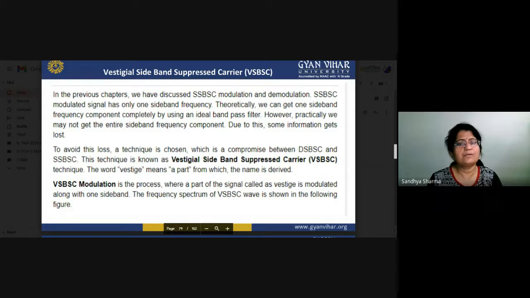But there may be some information loss, because practically we will not get the complete ideal sideband, so some part of the information will be lost, because noise generally affects the lower part of huge signals. So the lower part may be damaged due to noise. To avoid this loss, we choose a technique which is a compromise between DSB-SC and SSB-SC.